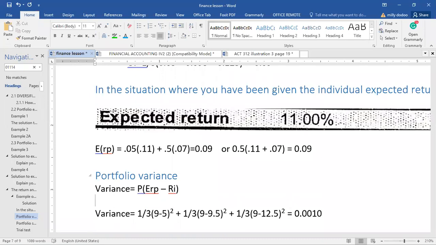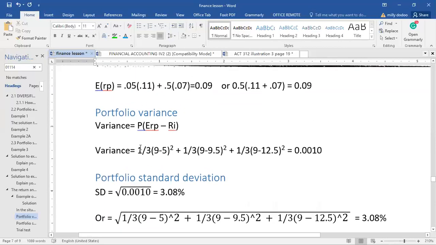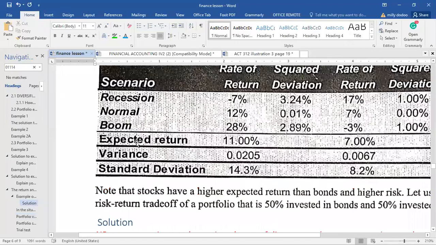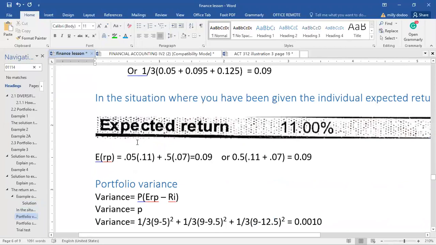Then what do we mean? If we want to find the variance for this particular one, then we will say that variance should be equal to the probability of the first investment section. The first investment section is what? Recession.